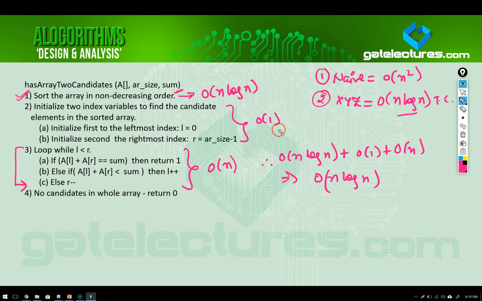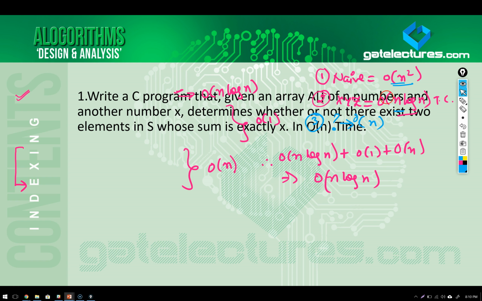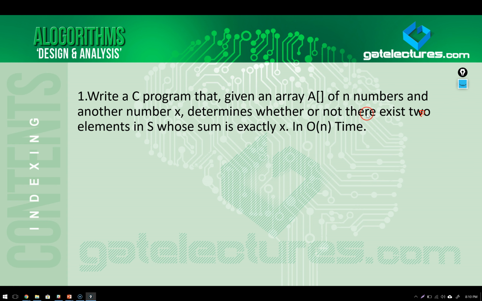Now as we found out, the first approach was order of n square time, and the second approach was order of n log n time. Does there exist a third approach which can solve this problem in order of n time? The first problem says that you have to solve this entire problem in order of n time.